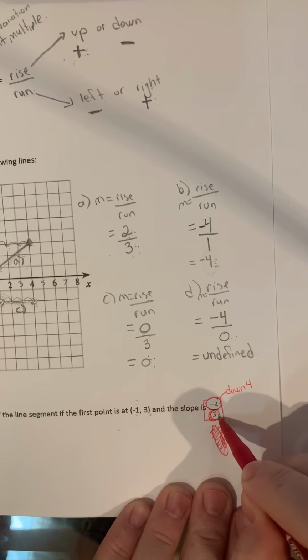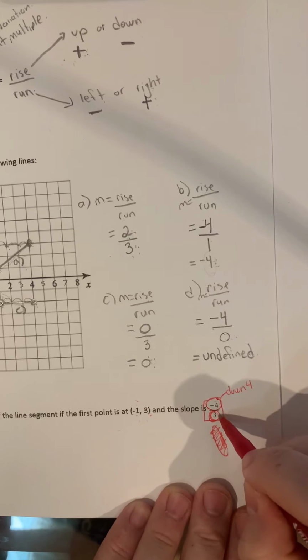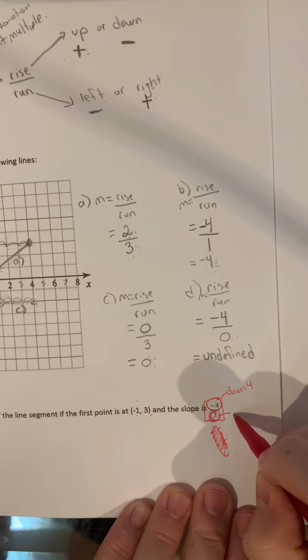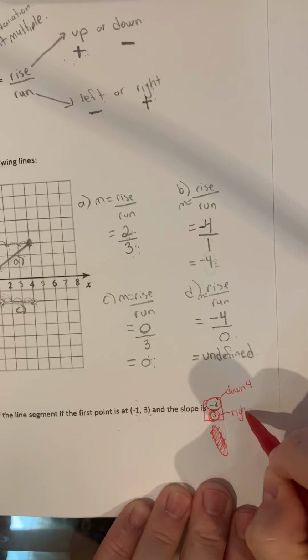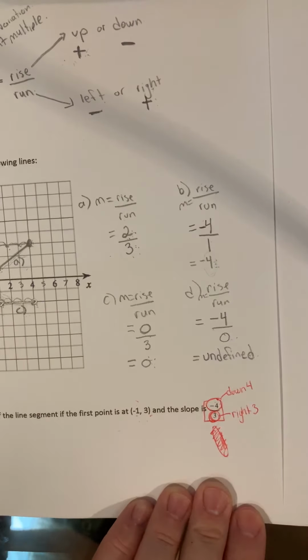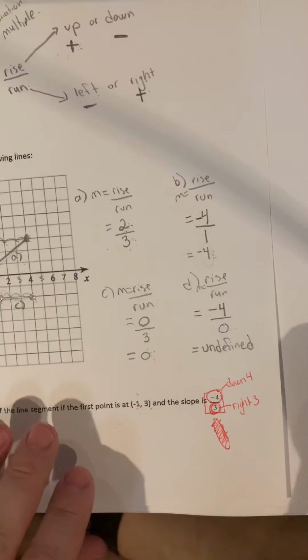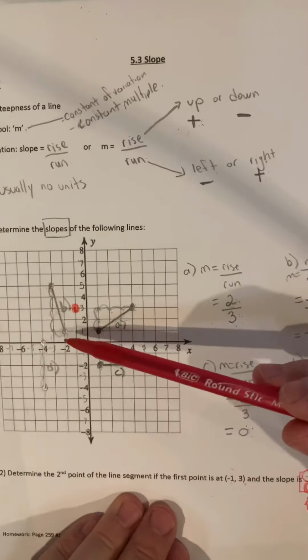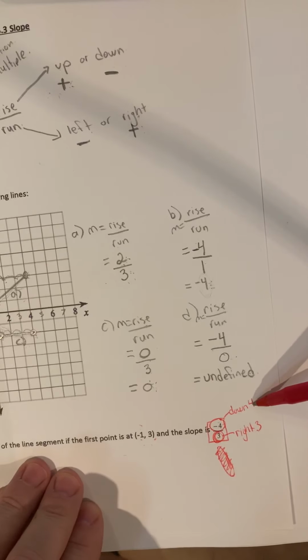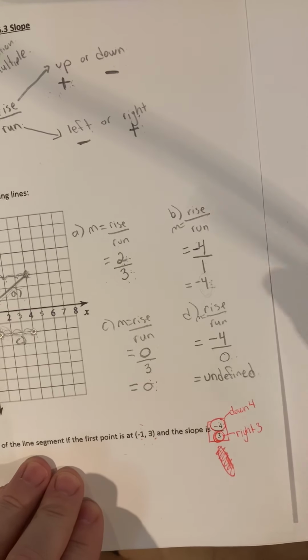And remember, the run goes left or right. So the +3 is right 3. So again, from the point that we have, we're going to move 4 down, 3 to the right.